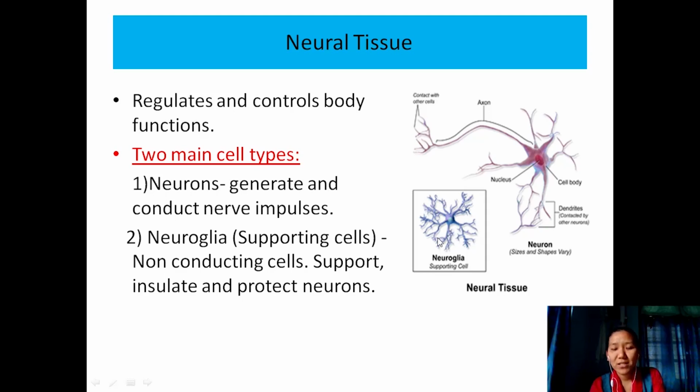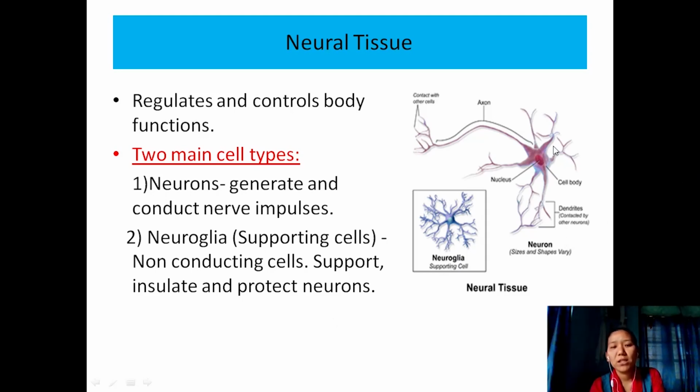So the difference is here, this will generate and conduct the nerve impulse, that is the message, nerve impulse. Okay, it will conduct, but neuroglia will not conduct any nerve impulse. It will just support the neuron. So these are the non-conducting cells. It supports, insulates, and protects the neuron, whereas neurons are the main conducting cells.